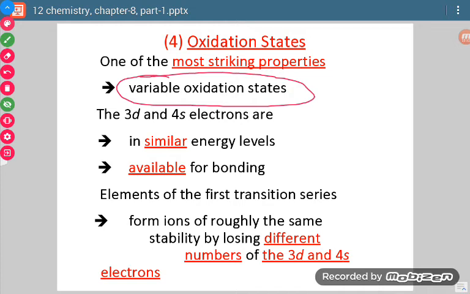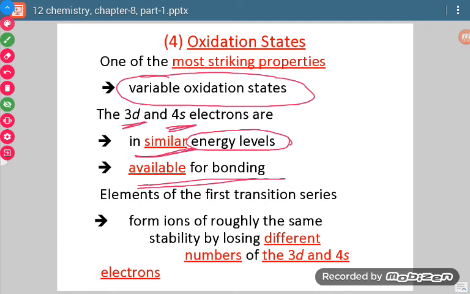Why? Now if we talk about their valence shell, it involves two orbitals, the 3d orbital and the 4s orbital, when we talk about the first series. If we compare their energies, they are not very different. There is less difference in energies, and both the orbitals are available for bonding.